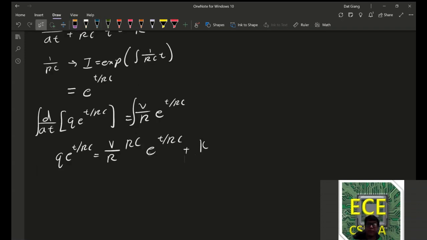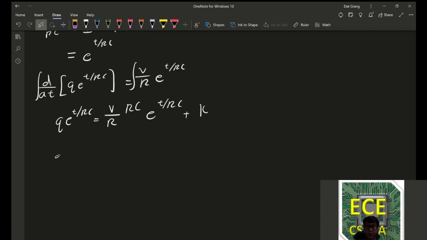So as such, Q of t is equal to some Q naught e to the... so our result here is C times V, and then once we divide here, we just get this plus Q e to the negative t over RC.